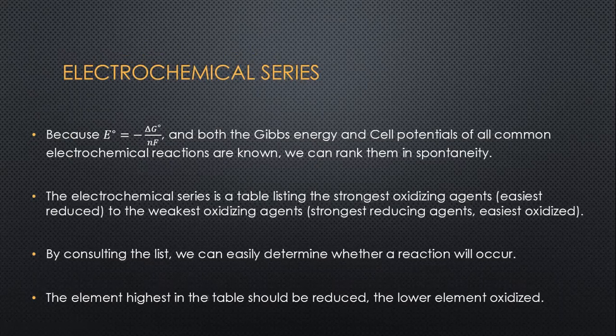These electrochemical series are placed in a table listing the strongest oxidizing agents, easiest to be reduced, on top, the weakest on the bottom. By consulting this list, we can easily determine whether a reaction will occur. The element that's highest on the table should be reduced. The lower element will always be oxidized.